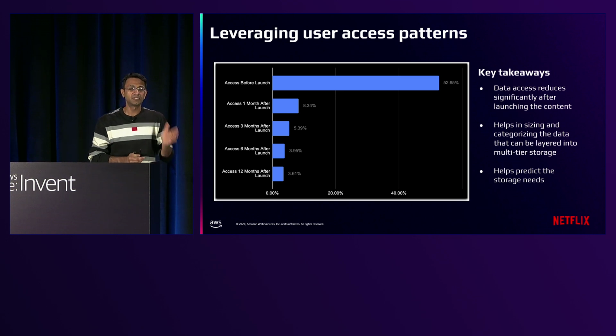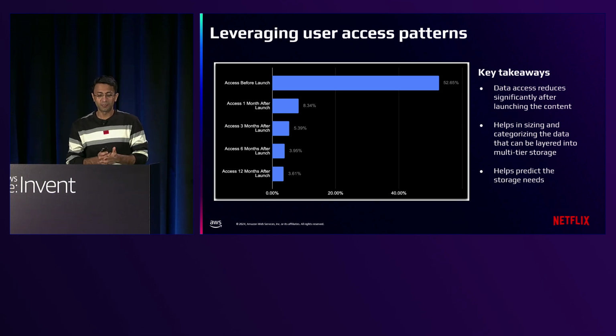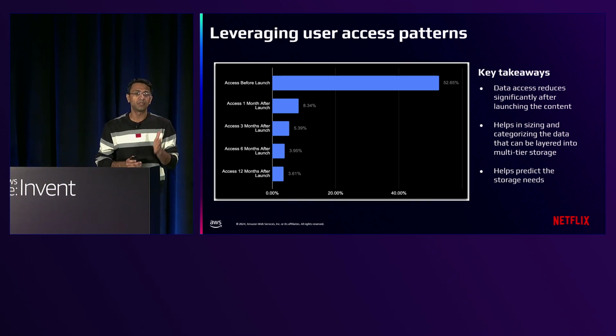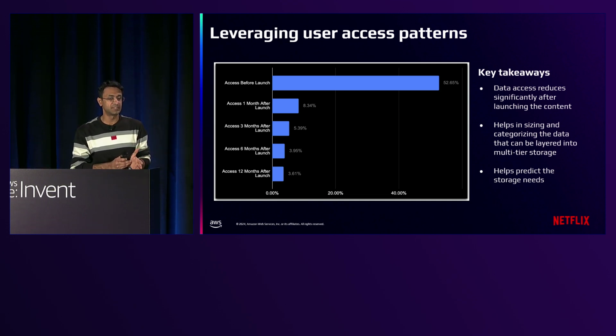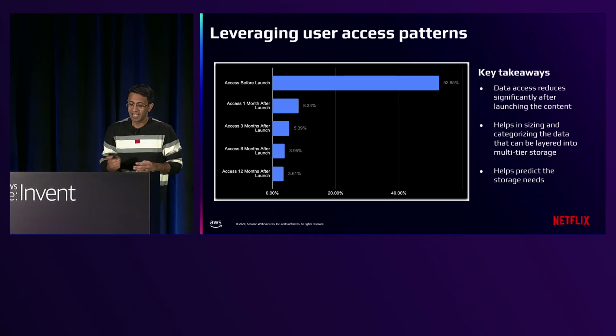But watch what happens after a title launches. We see a dramatic drop-off in access activity. At 1 month post-launch, access rates drop to about 8%. By 3 months, it is down to 5%. 6 months out, we're looking at 3%, and by the 12-month mark, access is just minimal.